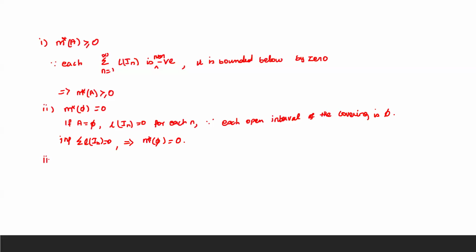Next, we see that suppose we have taken two subsets with the inclusion A contained in B. Then we can prove that the outer measure of A is less than or equal to the outer measure of B. Now we try to prove this one.